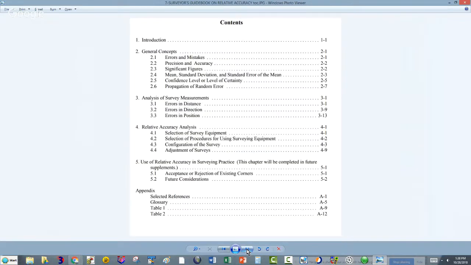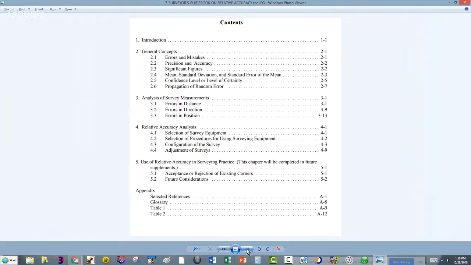Here's the table of contents, going through the statistics involved in computing your results. Did you achieve? This is a way of determining that you did achieve the accuracy specification for a certain project. Keep in mind, depending upon what work you're doing, you're not going to go through the expense of, let's say, doing first order leveling for a project that, say, a half a foot might be adequate, or 1/10 of a foot might be adequate.